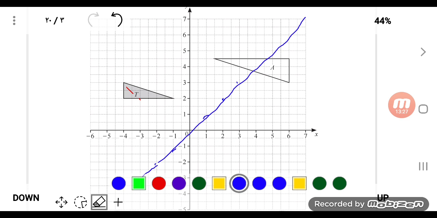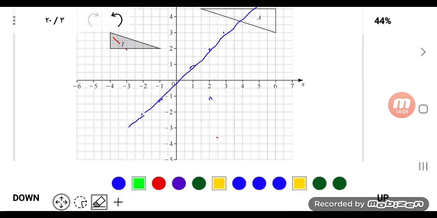Okay, now draw the image of triangle T after the reflection in this line. Triangle T, here is the shaded triangle. Now you need to reflect it in this line. So you count the same distance from triangle T to the line to the other side also. So -1, 2 becomes 2, -1 here. -4, 3 becomes 3, -4.